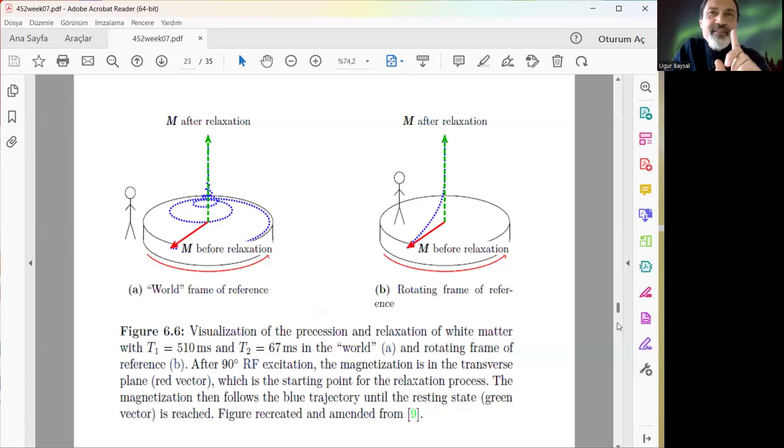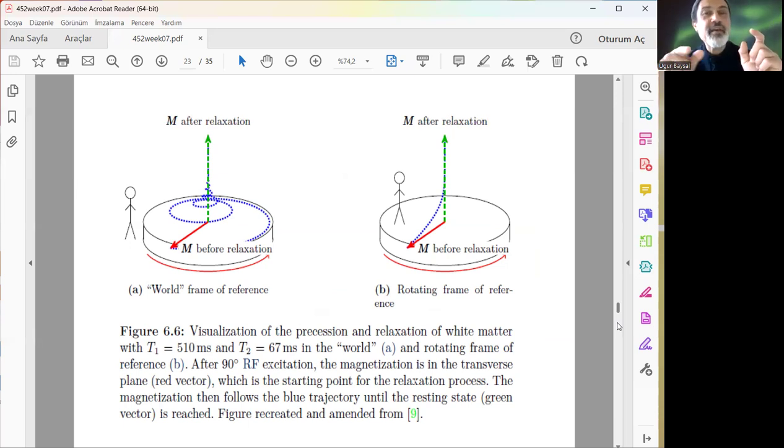This is a nice illustration at the time of excitation. As soon as you send the excitation, the magnetization vector starts to precess according to the rule. So there's a kind of rotation in, let's say, an invisible or virtual environment in the tissues. If you observe the rotation from outside, it is like a decaying exponential sinusoid.